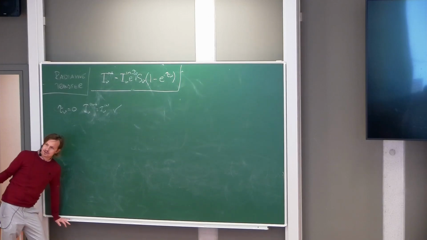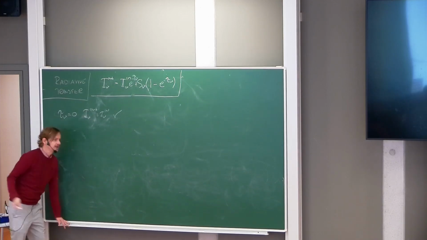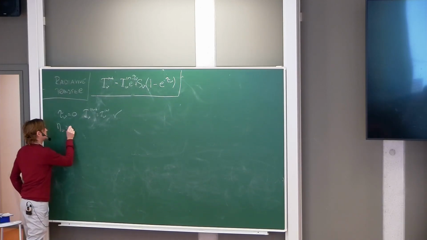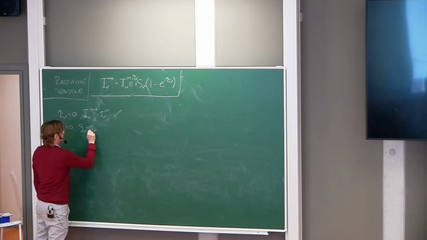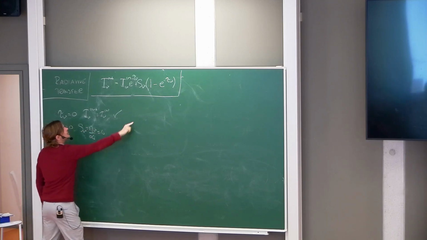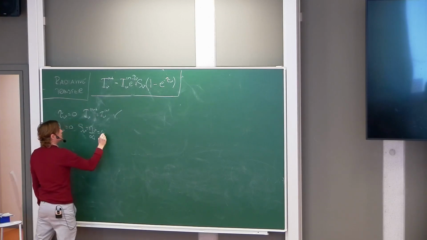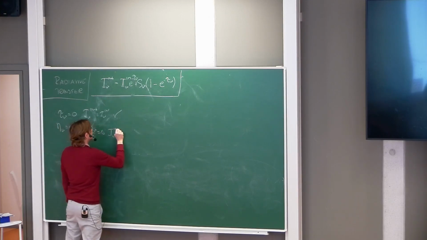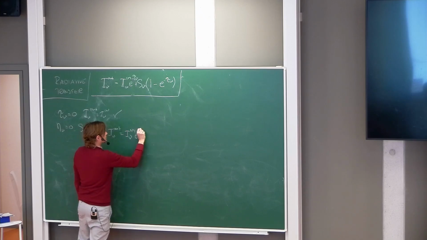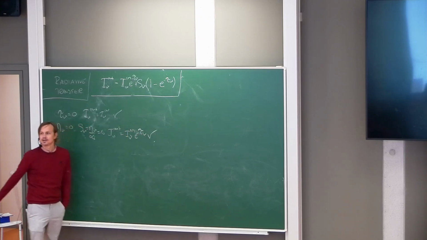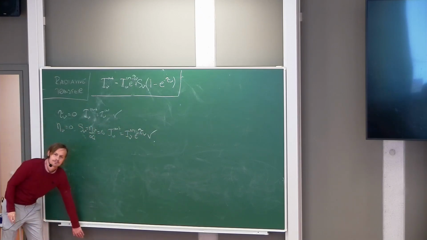The pure absorption solution: that was eta nu equals 0, right? Eta nu equals 0 means that S nu equals eta nu over alpha nu equals 0. We set this to 0 and get I nu out equals I nu in, e to the minus tau nu. That we also saw, so we check that box as well.